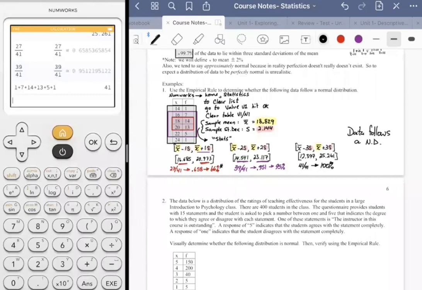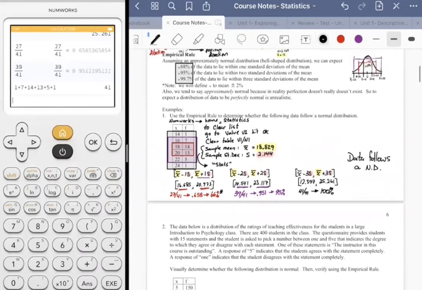Oh, thank you. And the next question is, based on the data set for the middle and the last one, which is like 95% and 100%, is it because both of those fall within 95% or over that it follows a normal distribution? Yeah, because it's right at 95% and it's so very close to 99.7%, we would say the first category is pretty close, the second category is spot on, and the last category is very, very close.